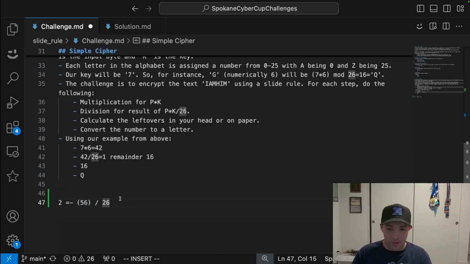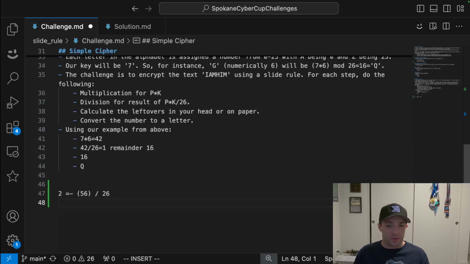So it's about 2. So what's the leftover of this? We don't have a good way in the slide rule to do this, but we know that 26 times 2 is 52, and we're dividing 56, which means the leftover is 4.